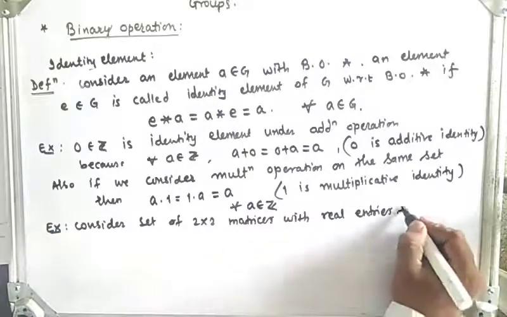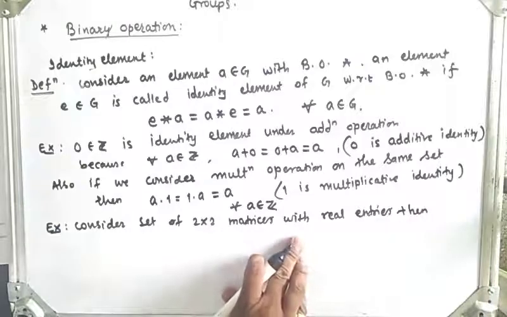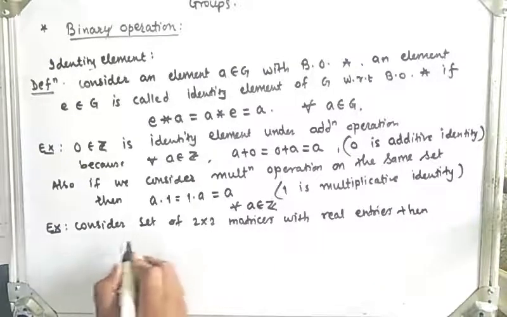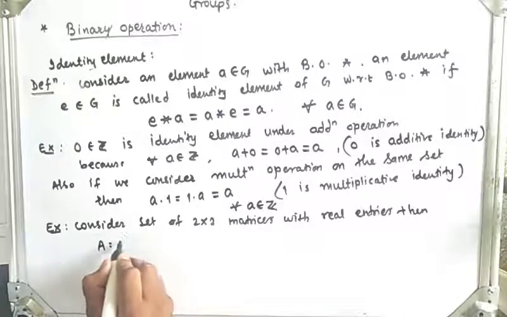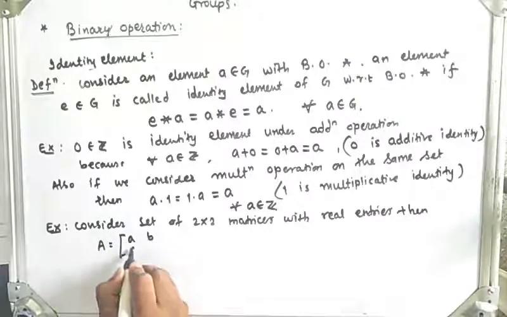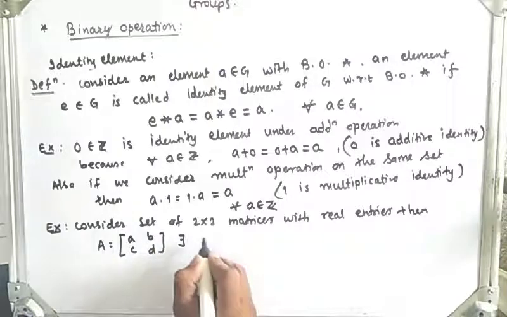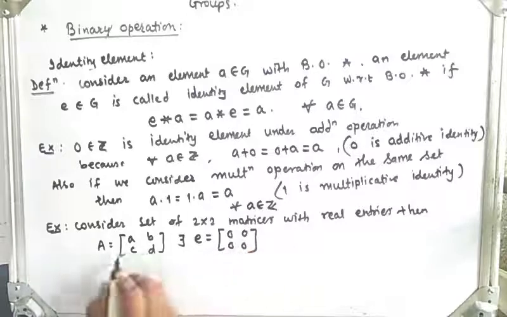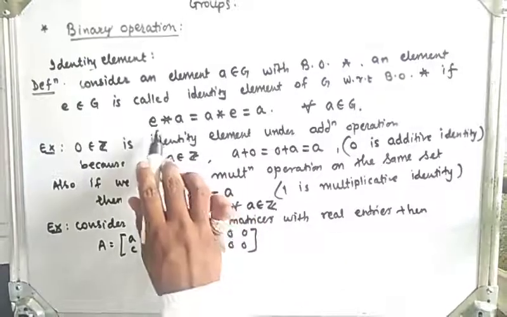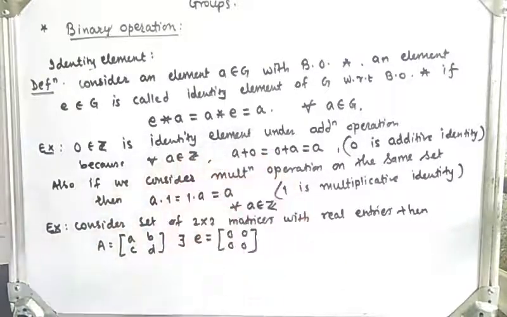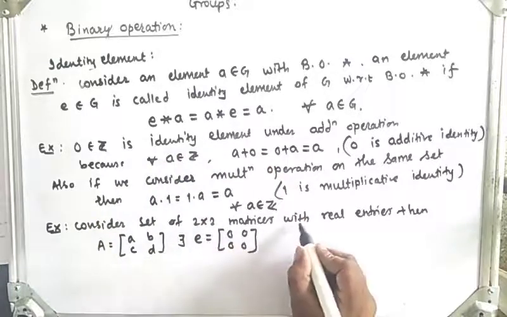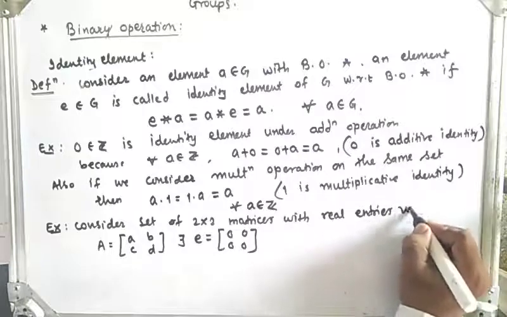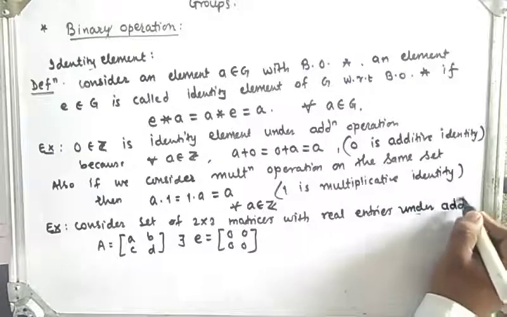If I take A, which is [a b; c d], then there exists an identity element which is [0 0; 0 0], because we have the property E star A is equal to A. Here the operation is addition, so the real entries are under the addition operation.